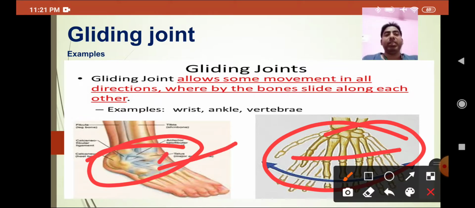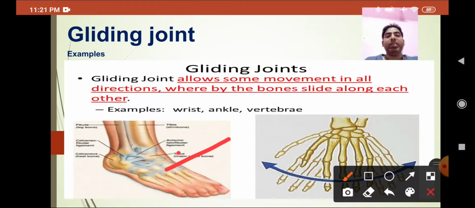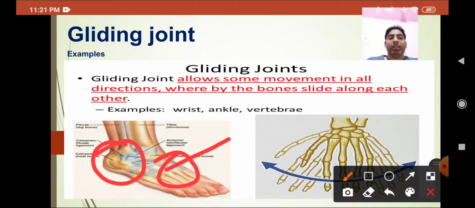This part is the tarsal and this part is the ankle. Again I am showing the diagram. Now you have understood it is found in the wrist and ankle.